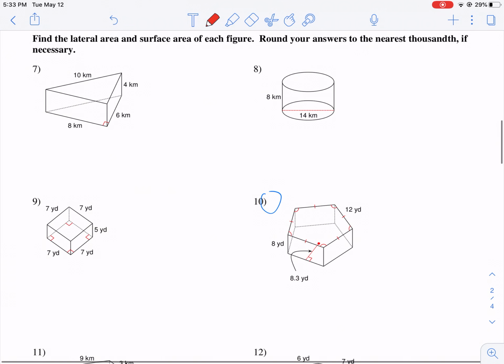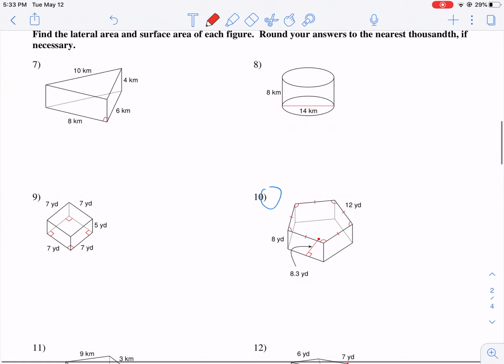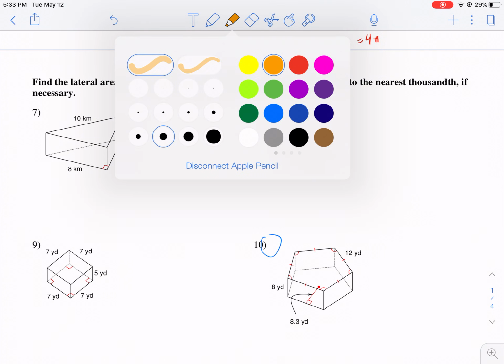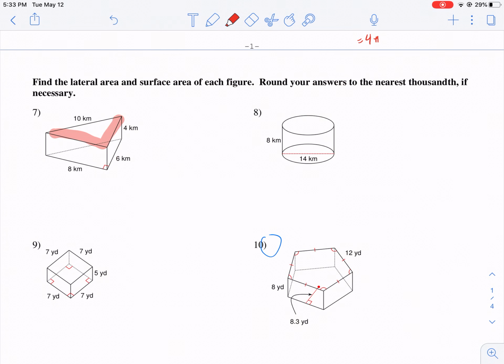I think squares and rectangles are fairly simple, so we'll go to a tougher one, which is a triangle. This one we do not require to draw the net, but I'm highlighting here, this is one of the bases. Actually, yeah, we've been using that for lateral area. Let me use this. So one of our bases is a triangle here. So what we're going to have to do is same formula, surface area equals lateral area plus the 2 bases.